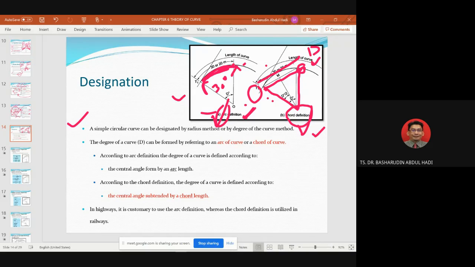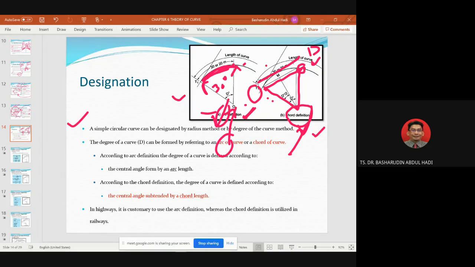A simple circular curve can be designated by the radius method or by the degree of the curve method. We already discussed the degree of curve D can be defined by referring to an arc of the curve or a chord of the curve. This one, chord and arc.